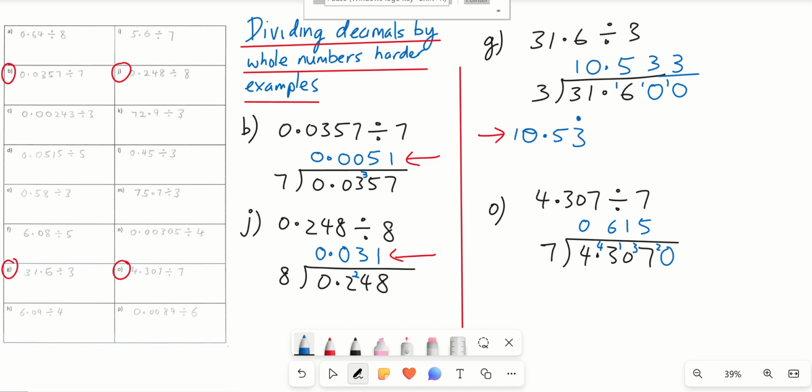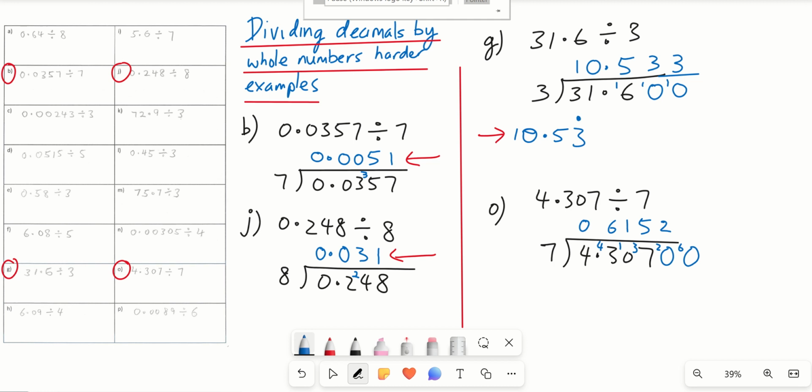In which case, we have 2 sevens going into 20, leaving us with a remainder of 6. And 6 is combined with the 0 in the next column to give us 60.